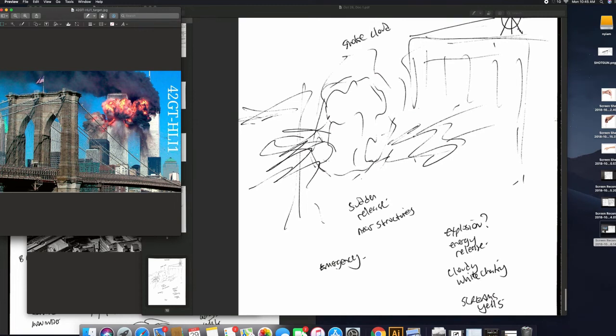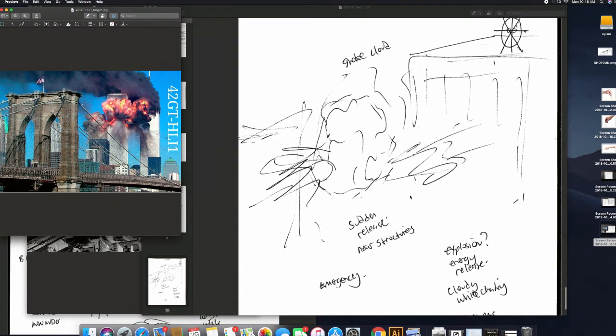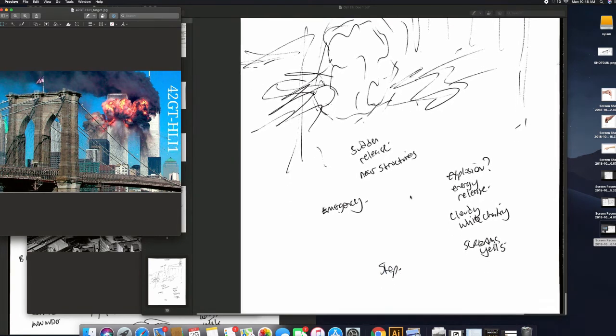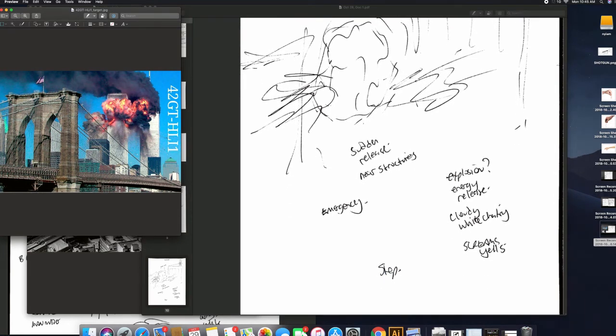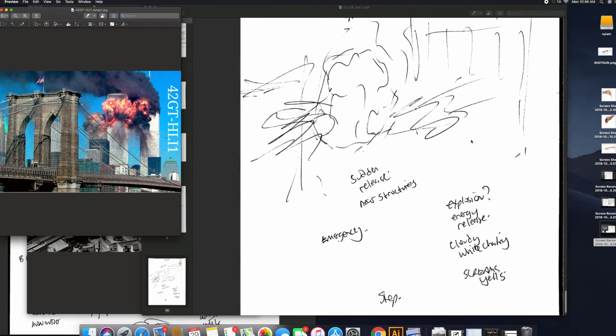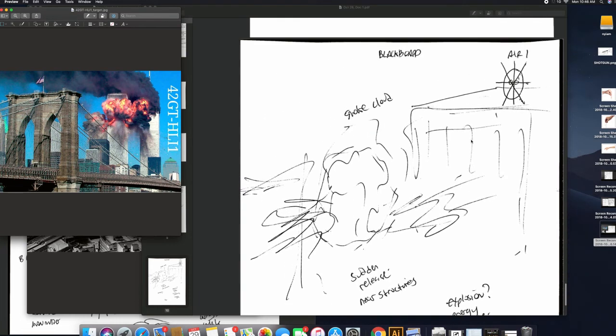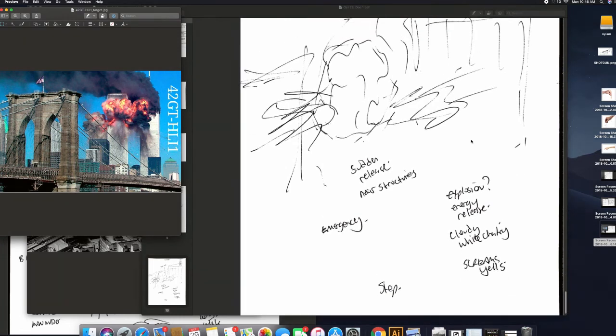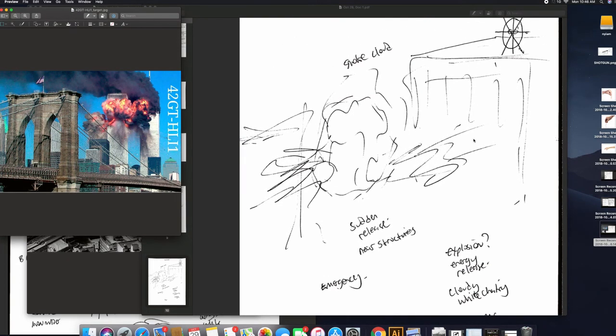I wrote: sudden release near structures, smoke cloud. Probing for recall on kinesthetics, I got emergency, explosion, energy release, textures of chalky white, cloudy chalky white, sounds of screams and yells. This was a very clear image to me, like a movie clip.